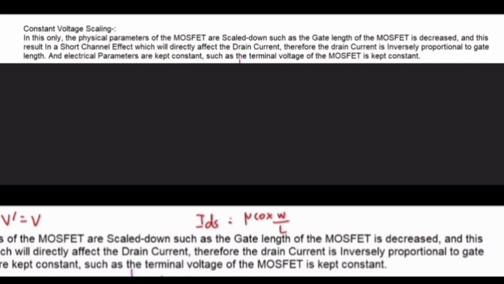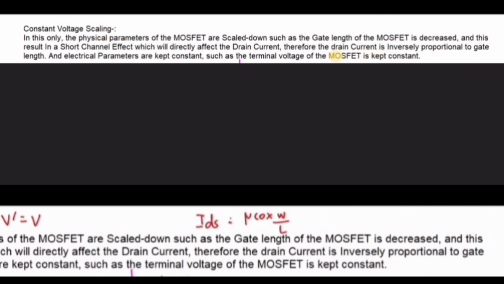First let us discuss constant voltage scaling. Here the physical parameters of the MOSFET are scaled down, such as the length. So the length of the MOSFET is decreased, which results in the short channel effect, which will directly affect the drain current.